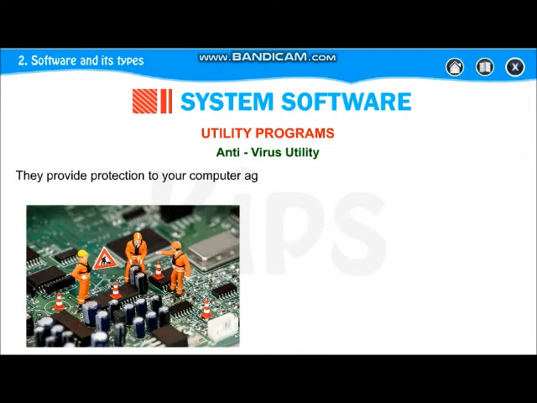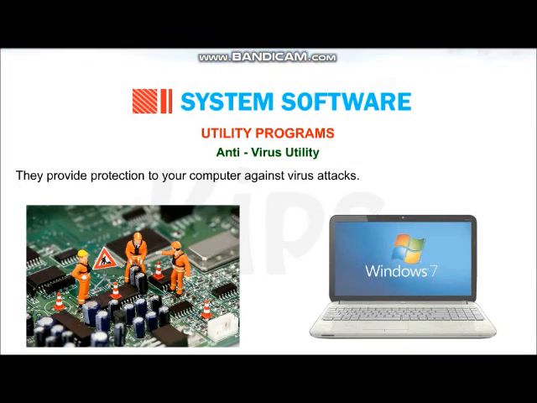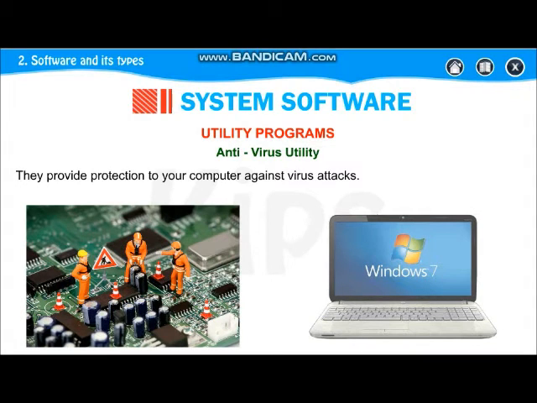Now antivirus utility. Okay, they provide protection to your computer against virus attack. Now what are these virus attacks? Viruses are the programs in your computer which can destroy your files, which can cause harm to your computer. So antivirus programs work against virus attacks.